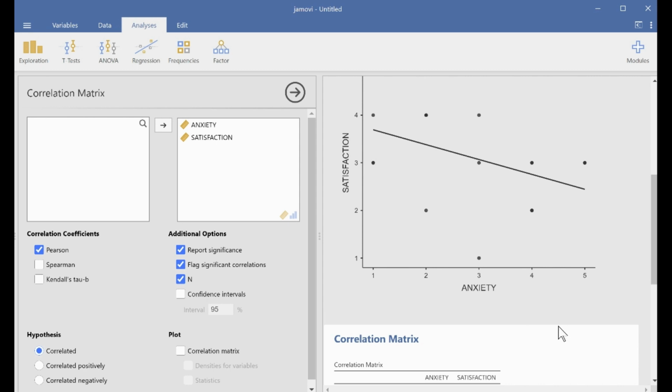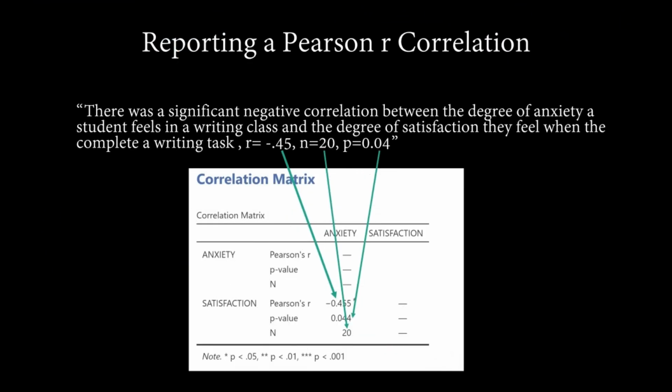Okay, now all that's left to do is to report this particular finding. The final thing to do here is to report the Pearson correlation. Let me read through the language, and you can already see the arrows where the information actually exists. This is a relatively simple test to report.